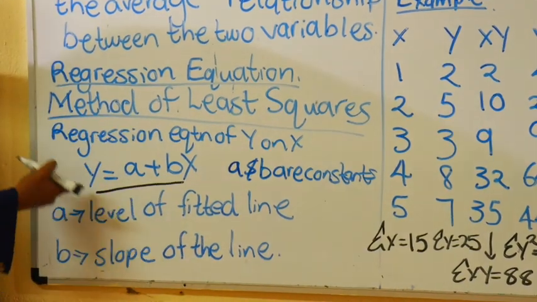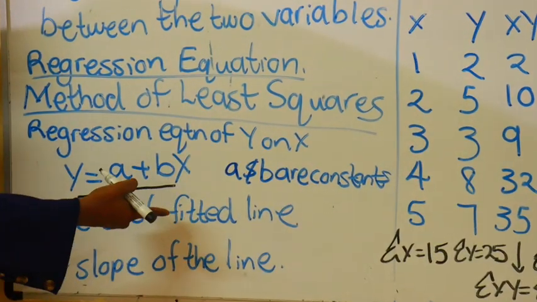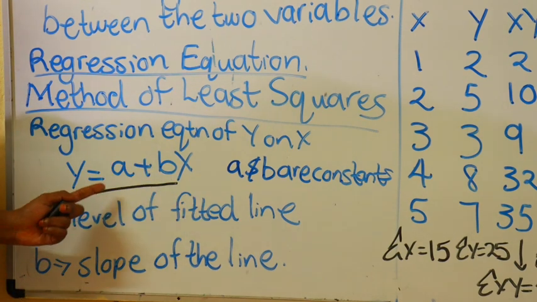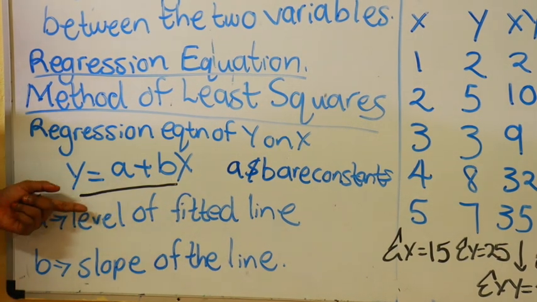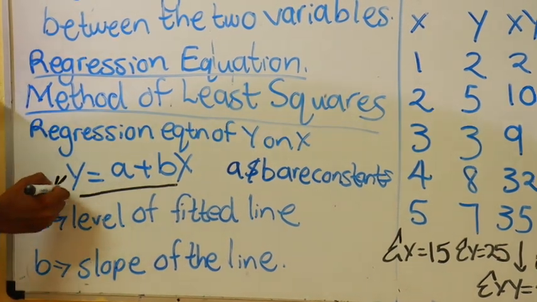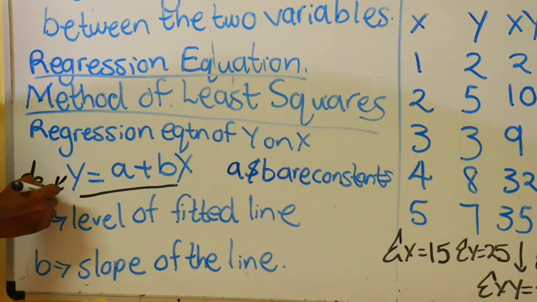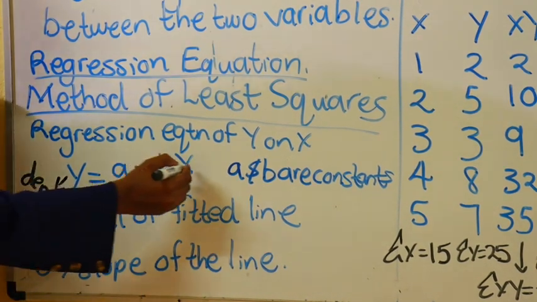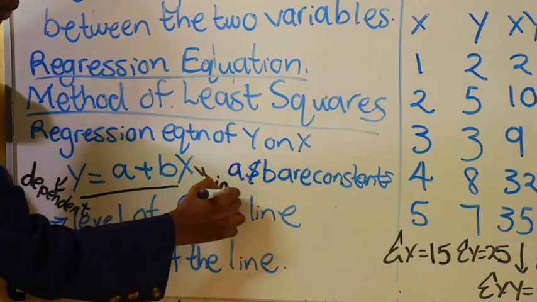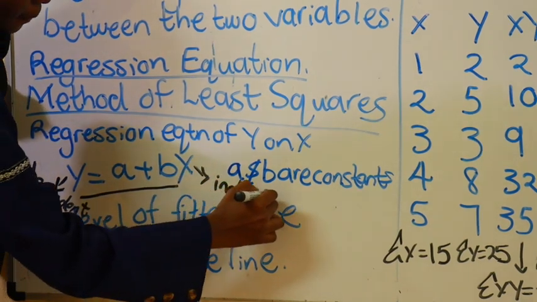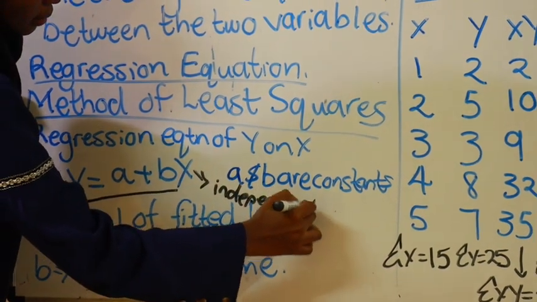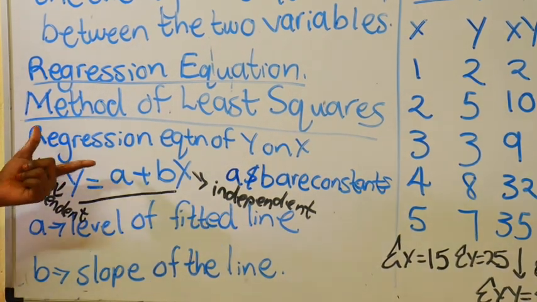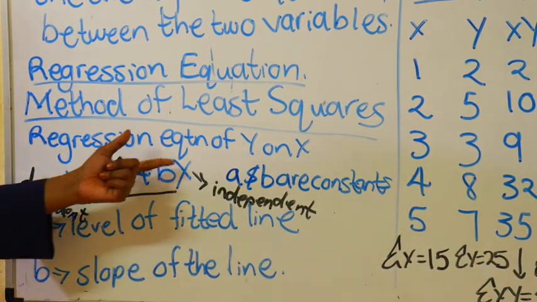This is an equation of y on x, where a and b are constants, y is the dependent variable, and x, on this side, is the independent variable.